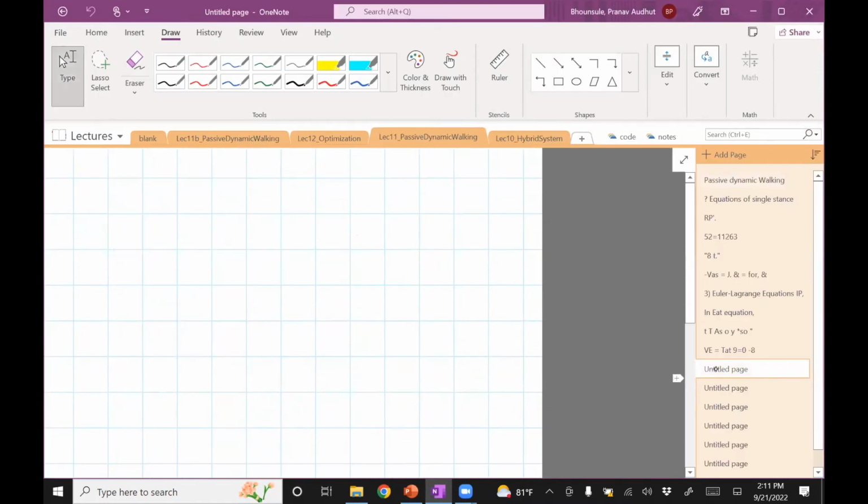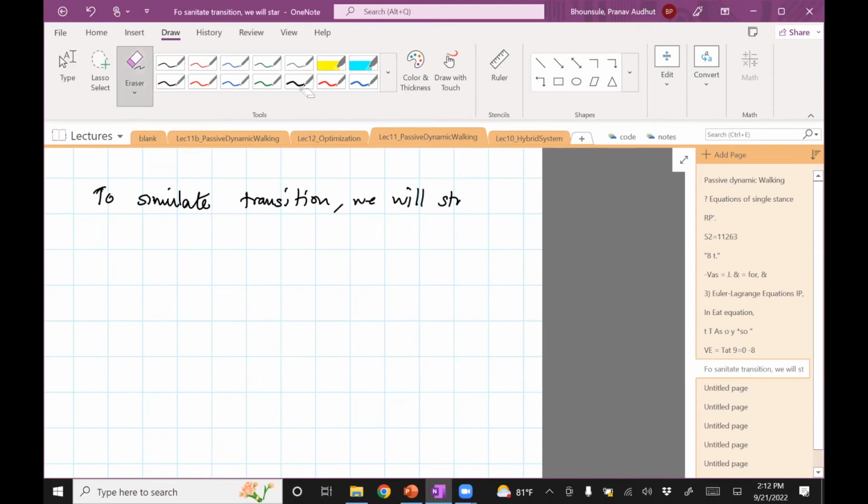If we write that down, to simulate the transition, we will switch the legs. That will be clear when I draw this figure.